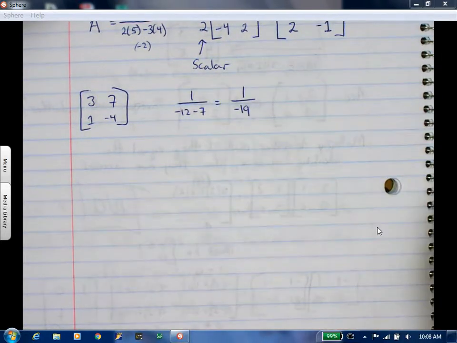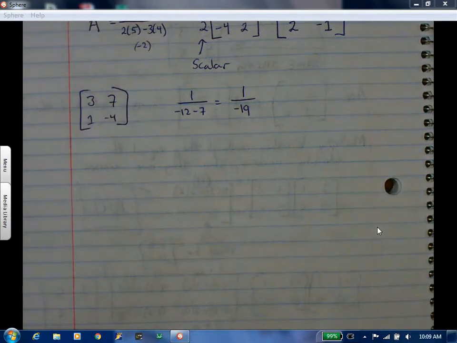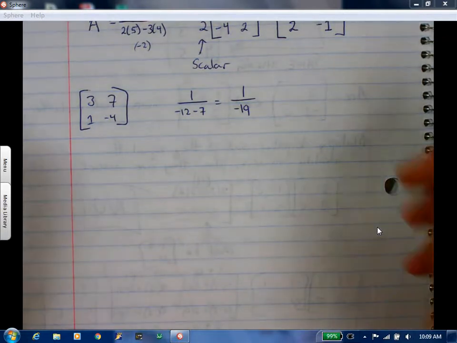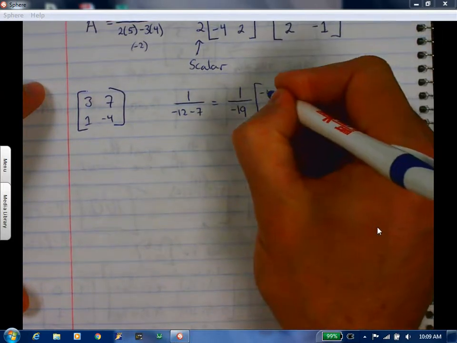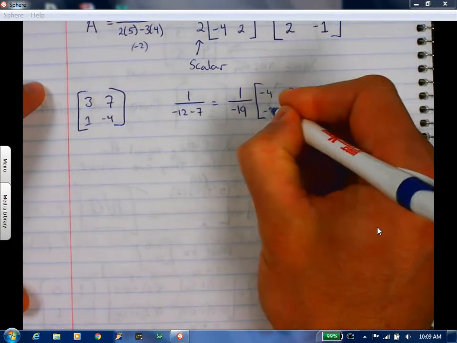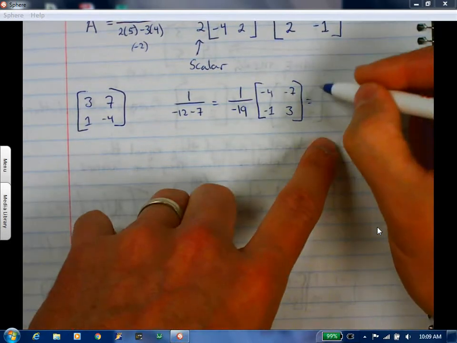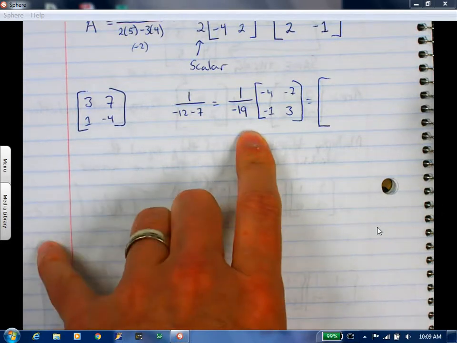It's going to be negative 1/19 in front. When you're multiplying, it's a weird fraction, so I want you to leave this one as a fraction.